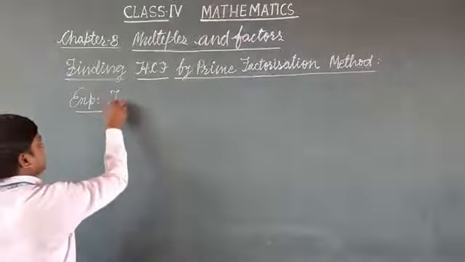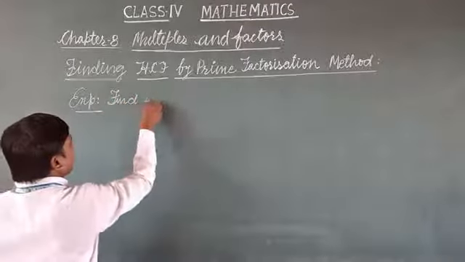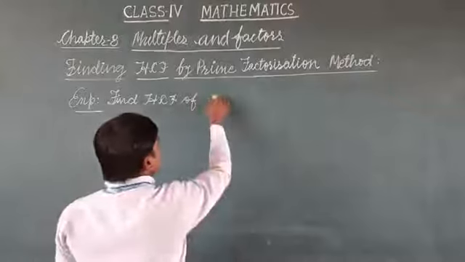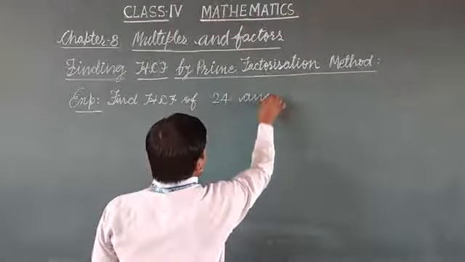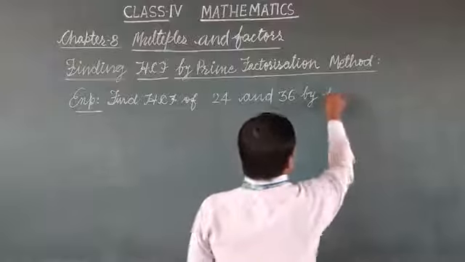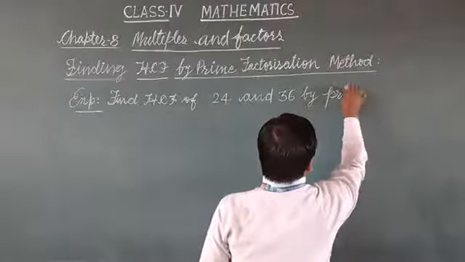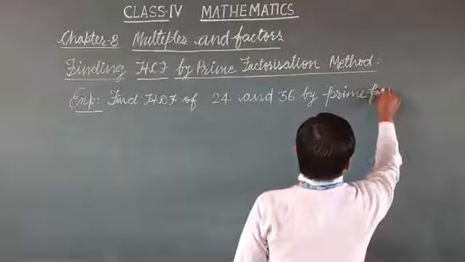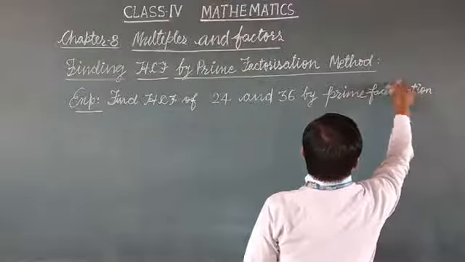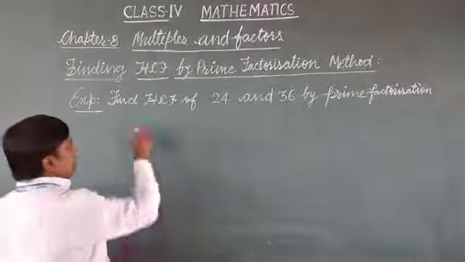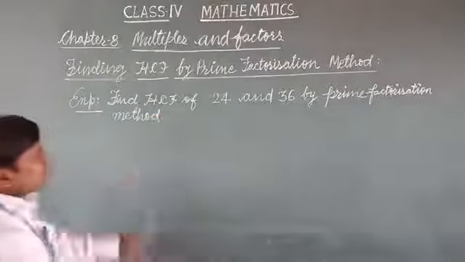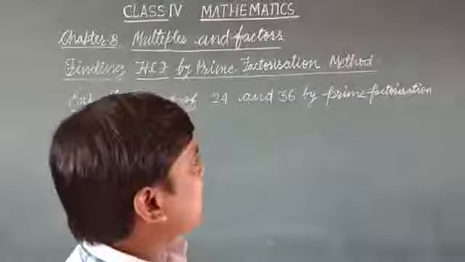I am writing here: find HCF of 24 and 36 by prime factorization method.